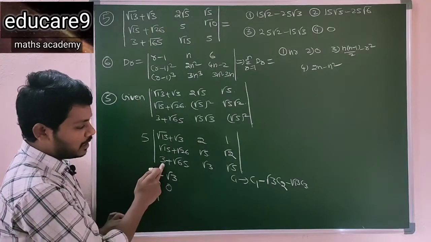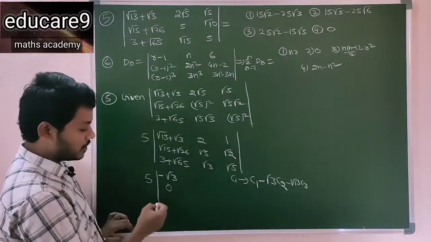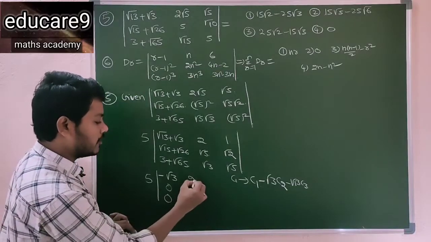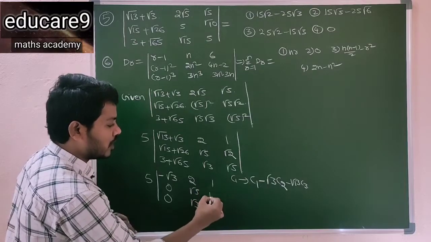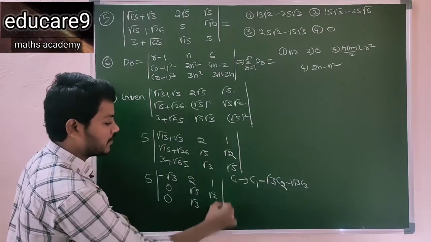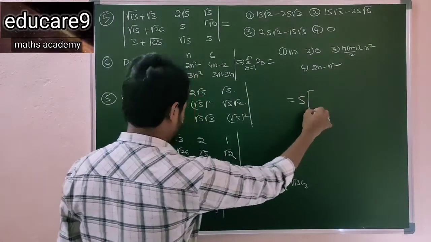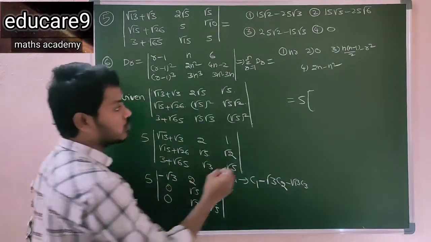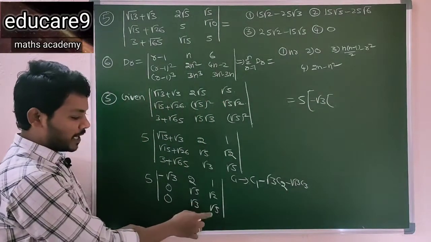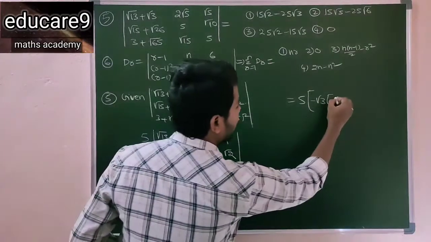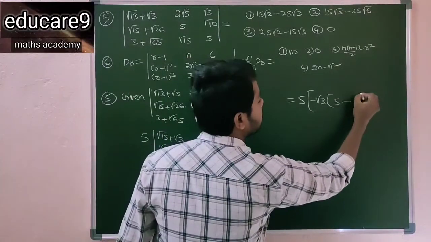Next here 3 minus 3 gets 0, root 65 minus root 65 is 0. Next remaining 2 as it is, 2 root 5 root 3, 1 root 2 root 5. So now find this determinant, that is 5 into minus root 3. So root 5 into root 5, that is 5, minus root 2 into root 3, that is root 6.